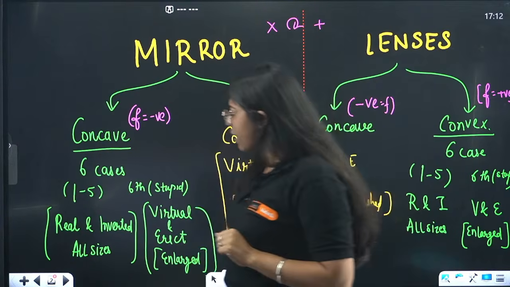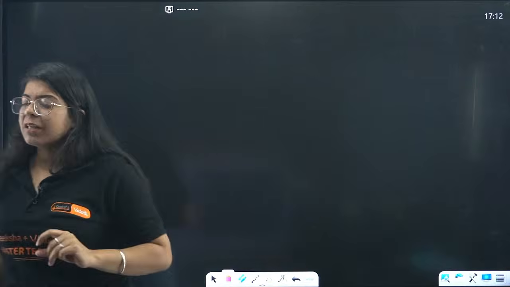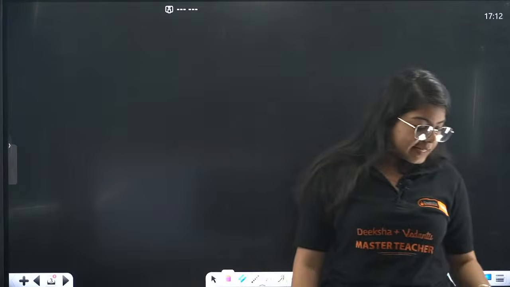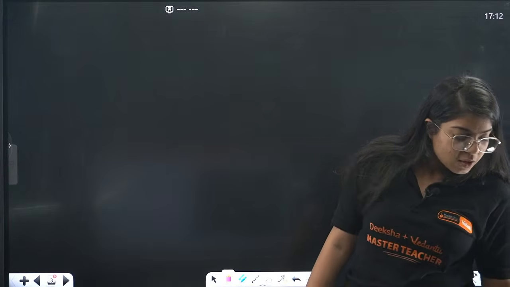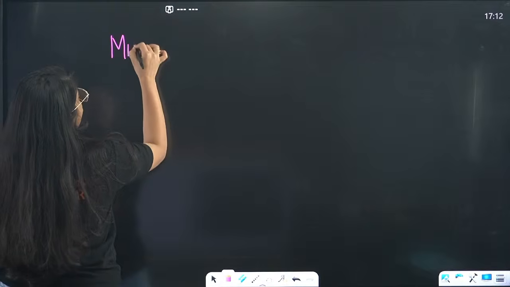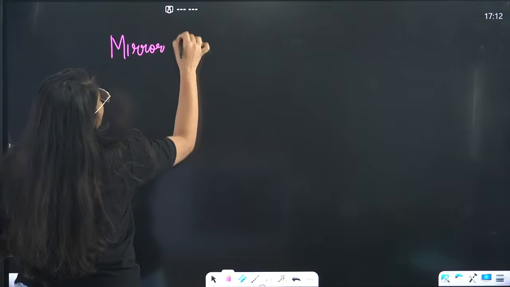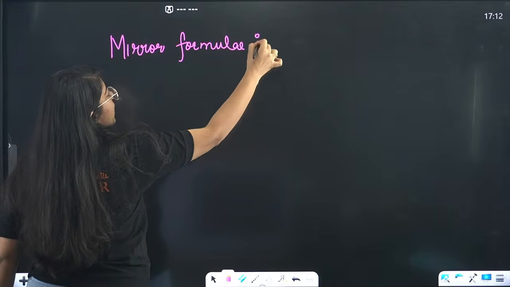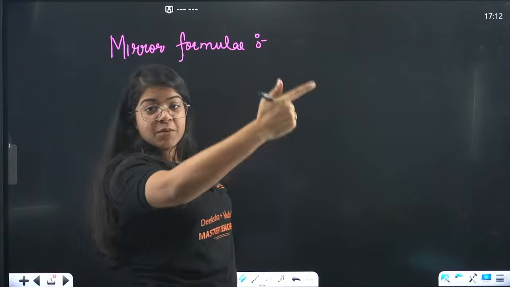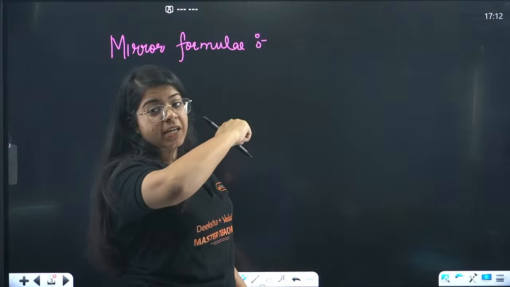Now, quickly tell me the mirror formula and lens formula. What's the exact formula for mirror formula and lens formula? Write it in the chat section. Now, mirror formula is simply a relationship between the focal length, the image distance and the object distance.